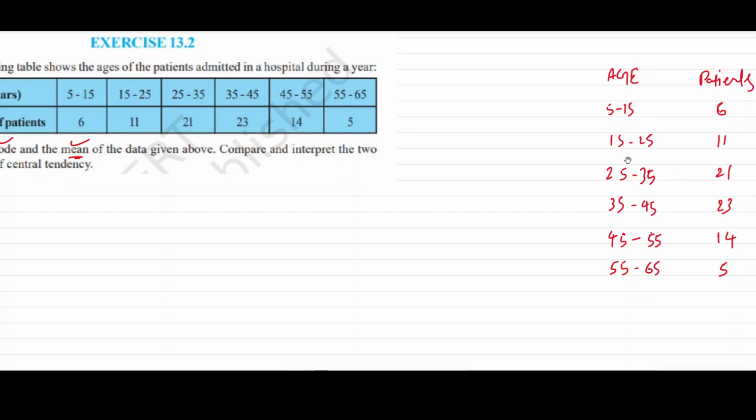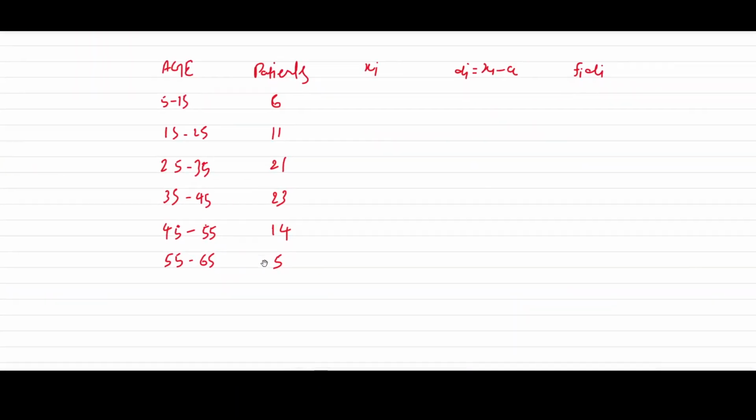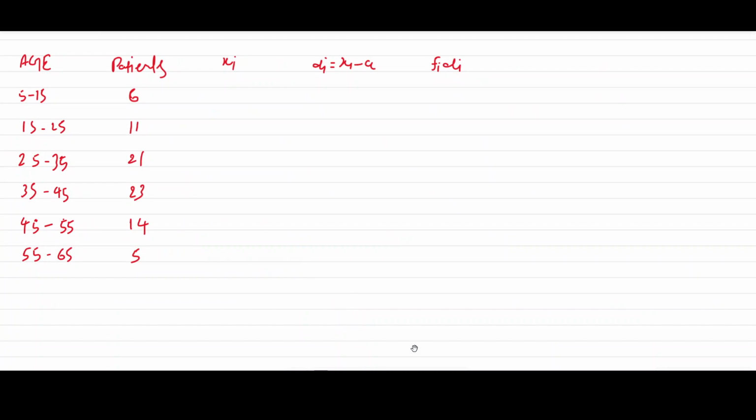First we should verify: 5 to 15, 15 to 25, 25 to 35, 35 to 45, 45 to 55, 55 to 65, with frequencies 6, 11, 21, 23, 14 and 5. Correct? Now what will be the xi?